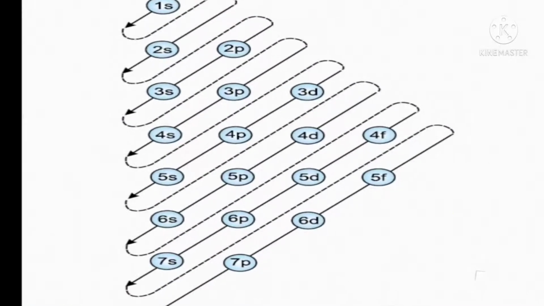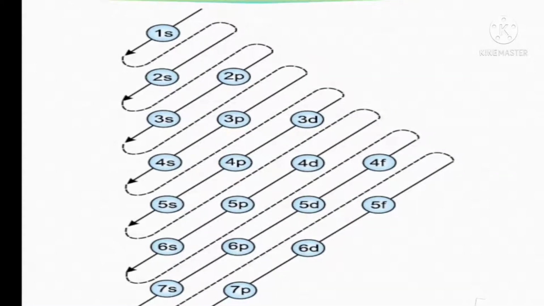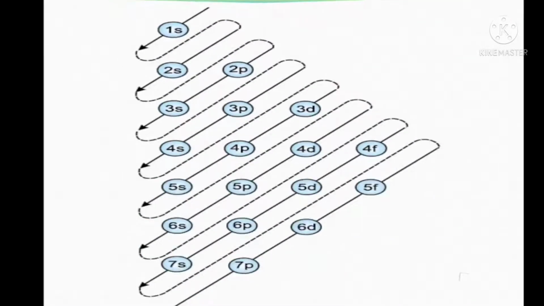And the increasing order of energy of atomic orbitals are 1s, 2s, 2p, 3s, 3p, 4s, 3d, 4p, 5s, 4d, 5p, 6s, 4f, 5d, 6p, 7s, 5f, 6d and 7p.